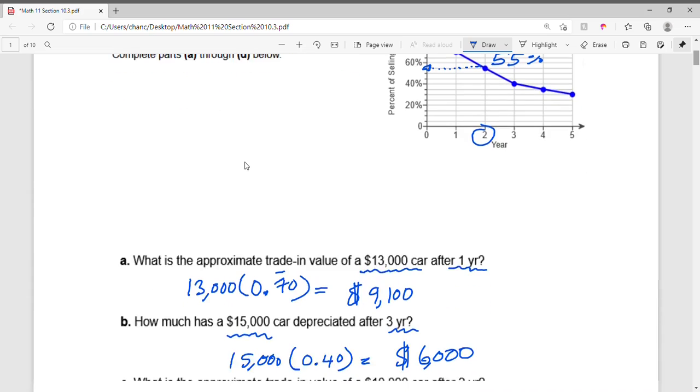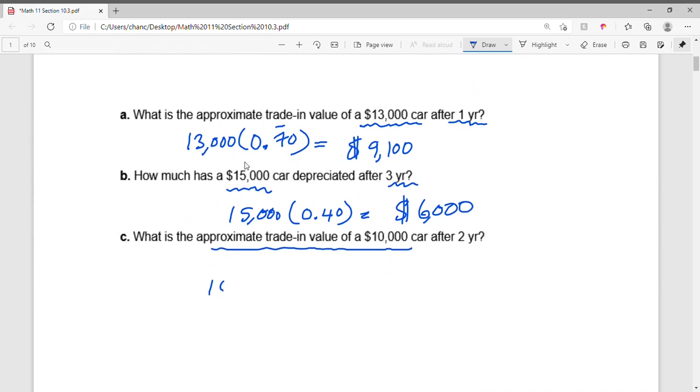Let's go to part C. We'll take $10,000 and multiply it by 0.55. Again, you have to convert the percent into a decimal. This gives us a value of $5,500. And that completes question 1.